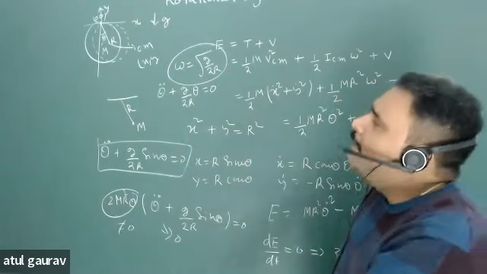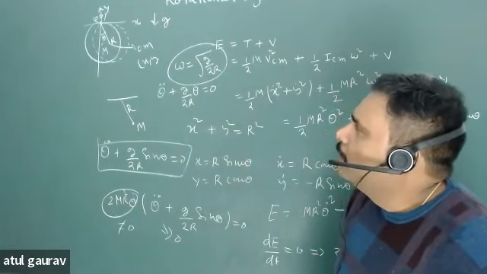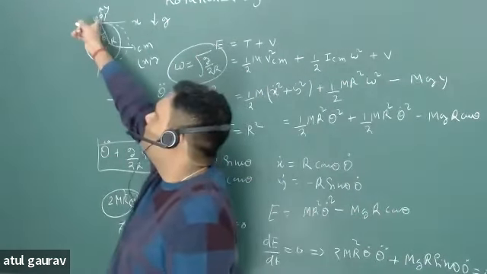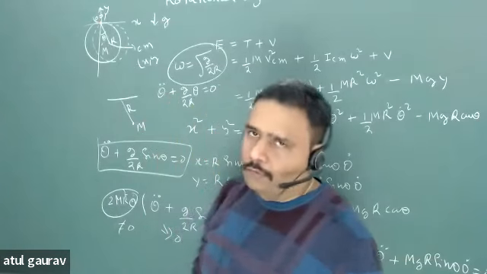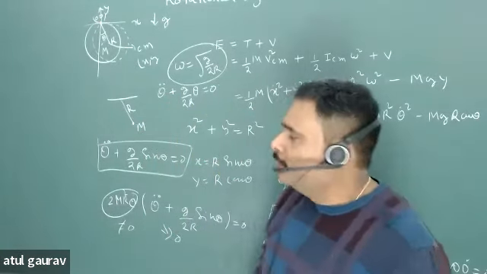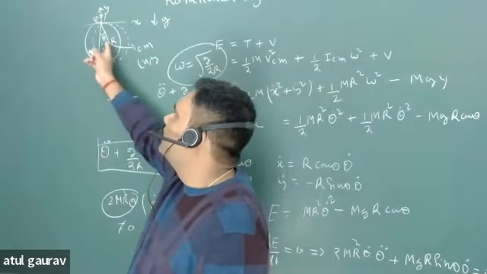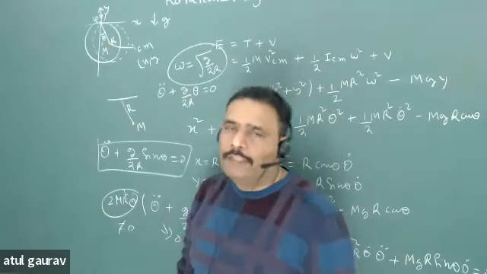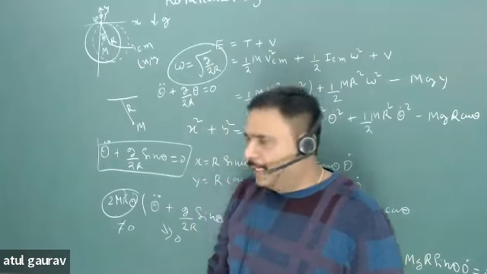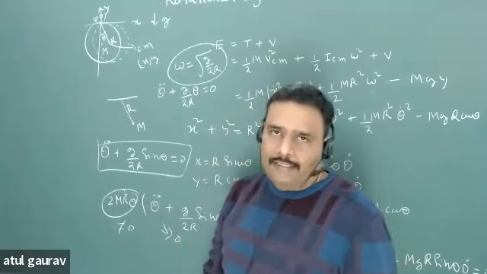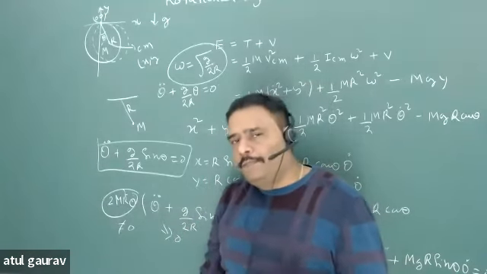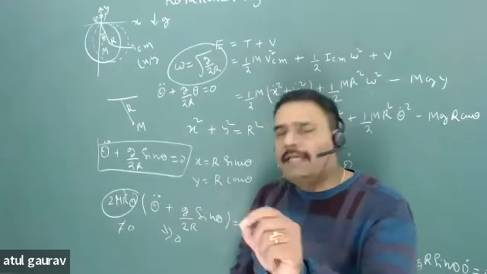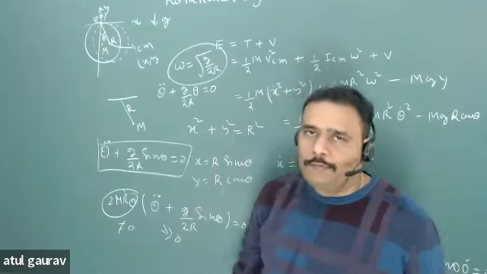Now, in this type of problem, some people can take the moment of inertia about this axis also, and that will also be true. Why? Because the distance between the center of mass and the point of suspension is not going to change. And this is the condition of pure rotation. So when you have rolling without slipping or pure rotation, you can take the moment of inertia about the point of suspension.